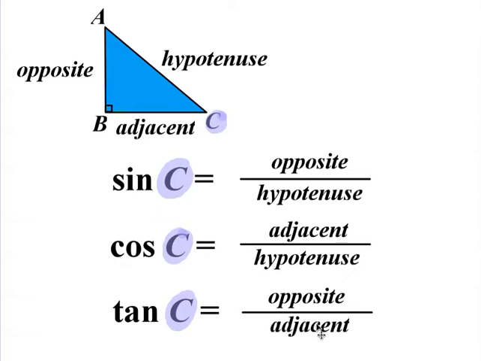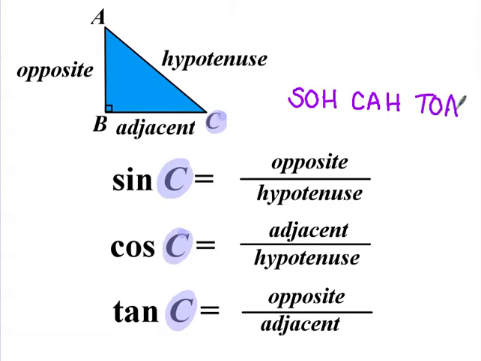Okay. Now, there's a nifty little way to remember which goes with which. And that's what is known as SOHCAHTOA. Now, I don't know if you've heard that before or not, but if you write it out, you will see that the first letters all correlate. So, SOHCAHTOA.